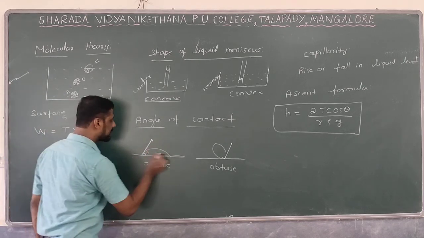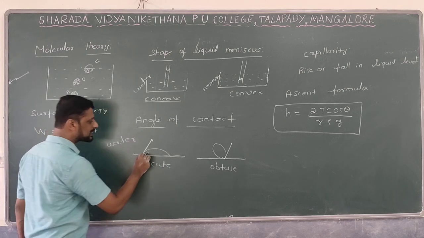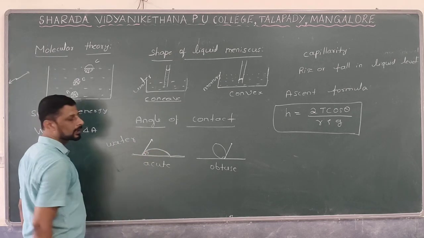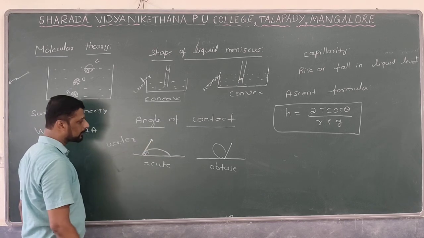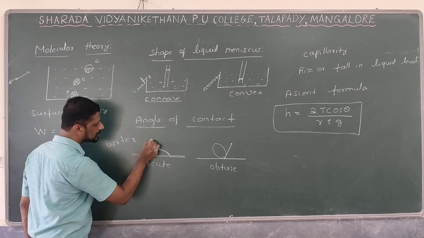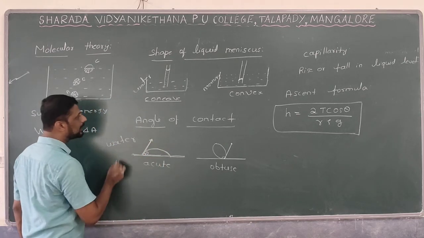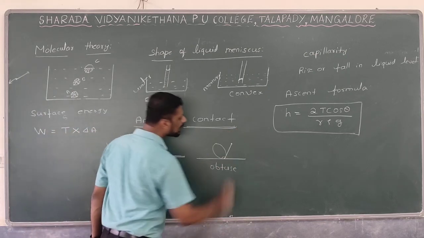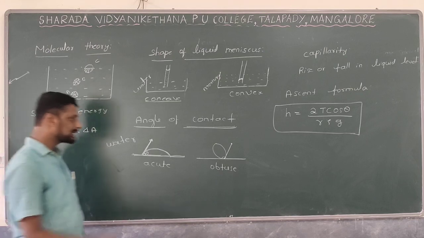So here water is placed on any solid surface, for example glass. When you place the water on the glass surface and draw a tangent to the surface of the water droplet, this angle theta, which is the angle between the tangent and the solid surface inside the liquid, is called angle of contact. In this case, angle of contact will be acute, less than 90 degrees.